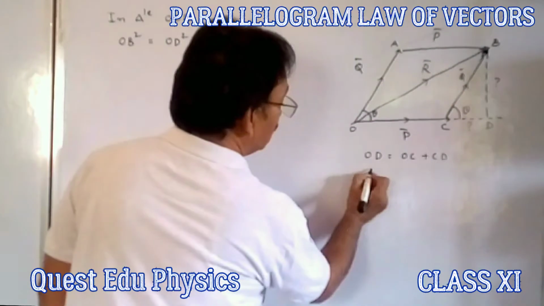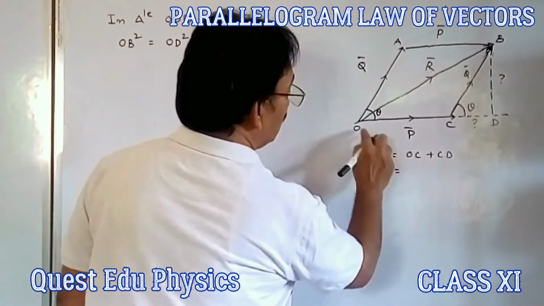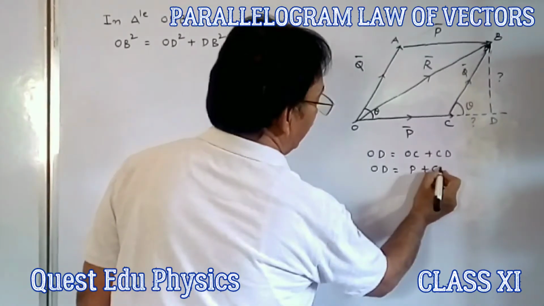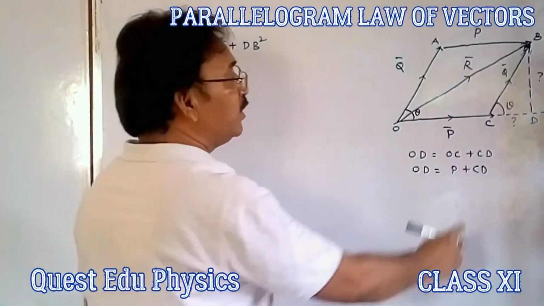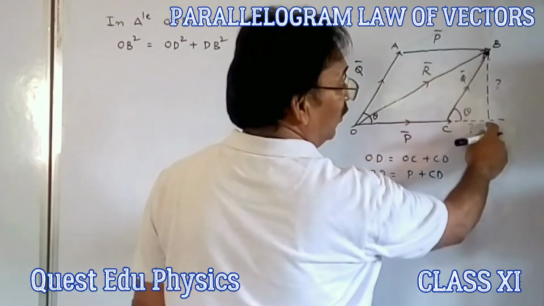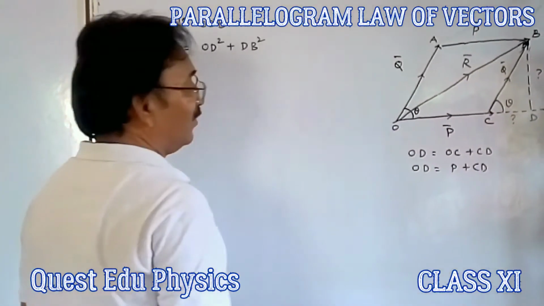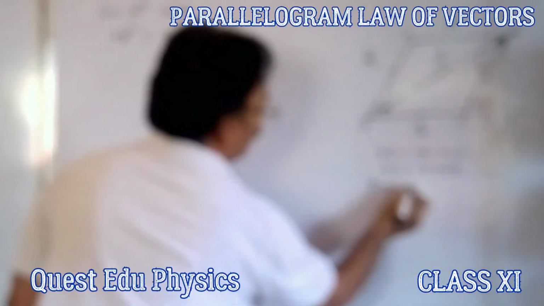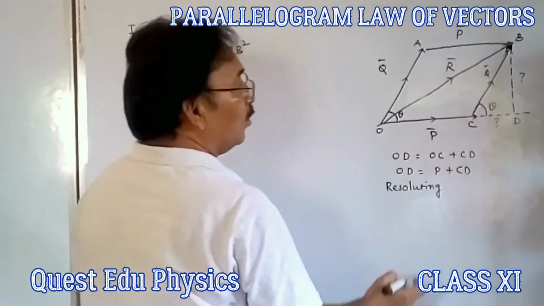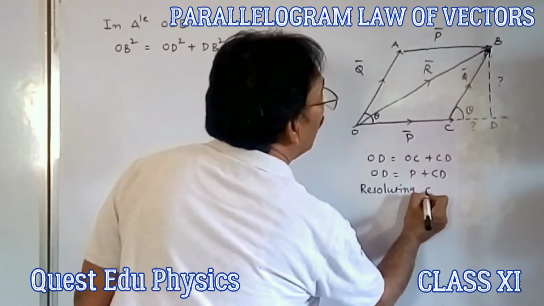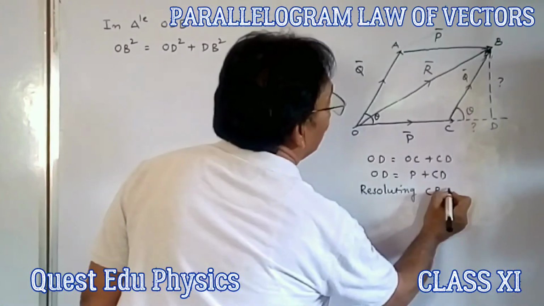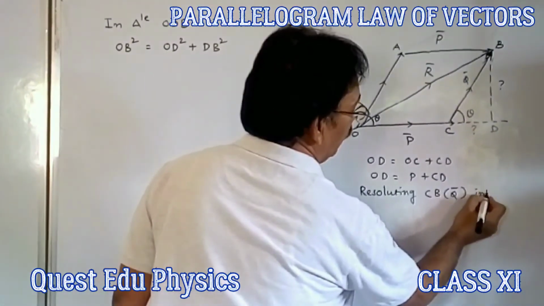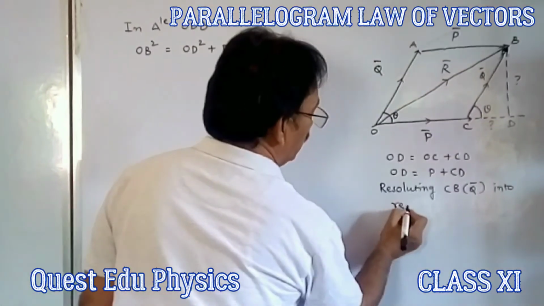OD can be written as OC, which is equal to P, plus CD. Now we are using the process of resolution of the vector. Resolving CB, that is Q bar, into rectangular components.